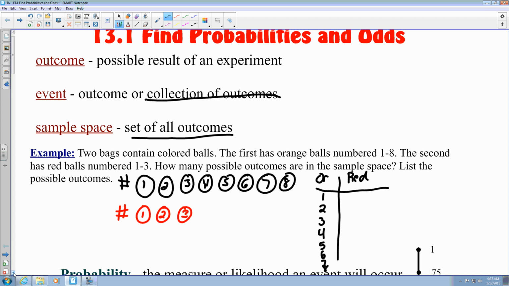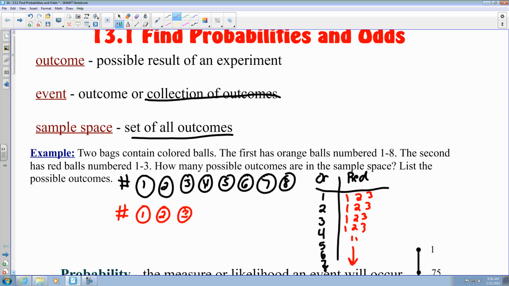Once I select an orange ball, then I go into the second bag and grab a red one. Say, for example, I grab the orange number 1 ball. Now when I go into the second bag, I could grab a red 1, 2, or 3. And that comes out to be the same thing for all 8 choices. So I could get a 1, 2, or 3, 1, 2, or 3, 1, 2, or 3, and so on and so forth, going all the way down.